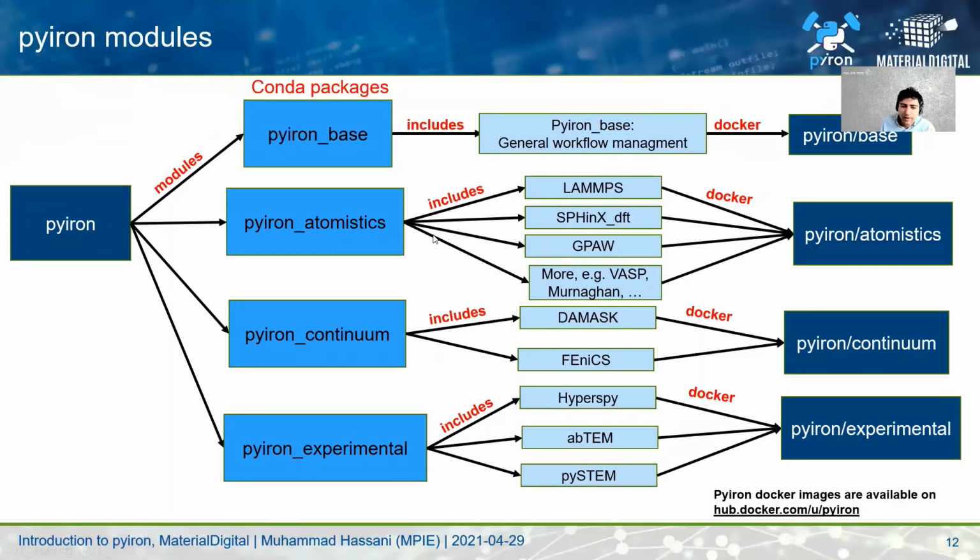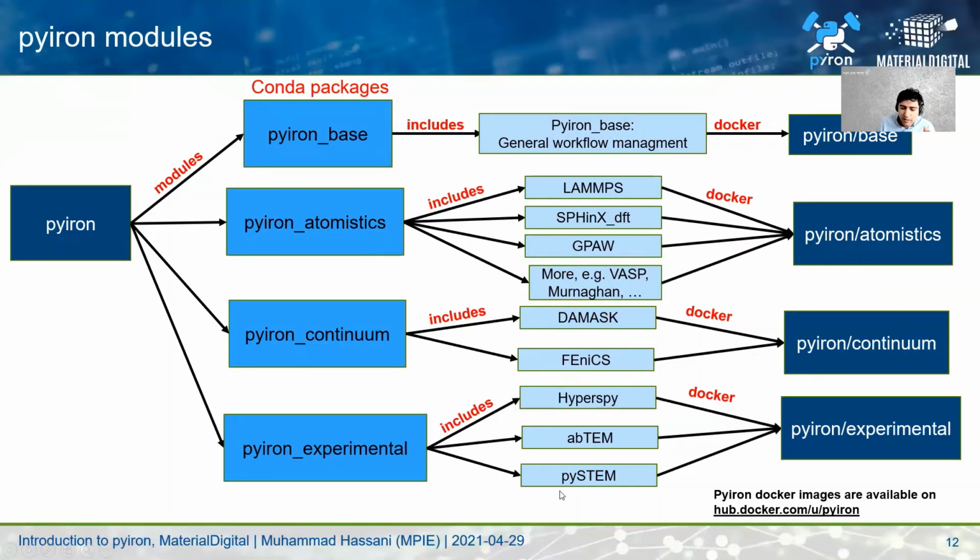For example, Pyiron Atomistic supports LAMMPS simulation, VASP simulation, and some other DFT codes. Pyiron Continuum supports DAMASK simulations and Phoenix FEM simulations.